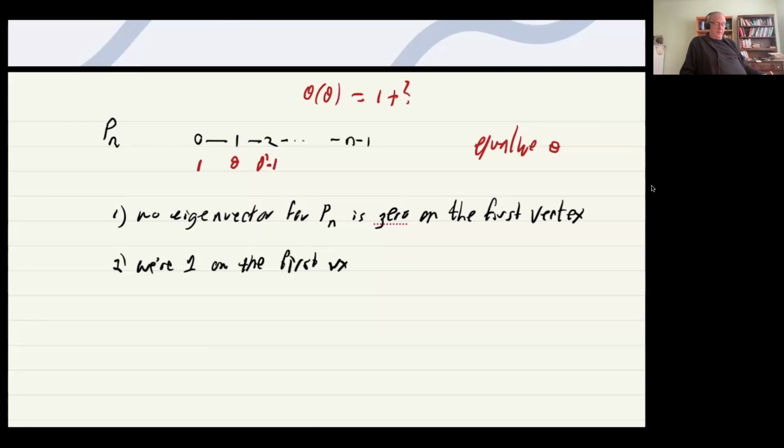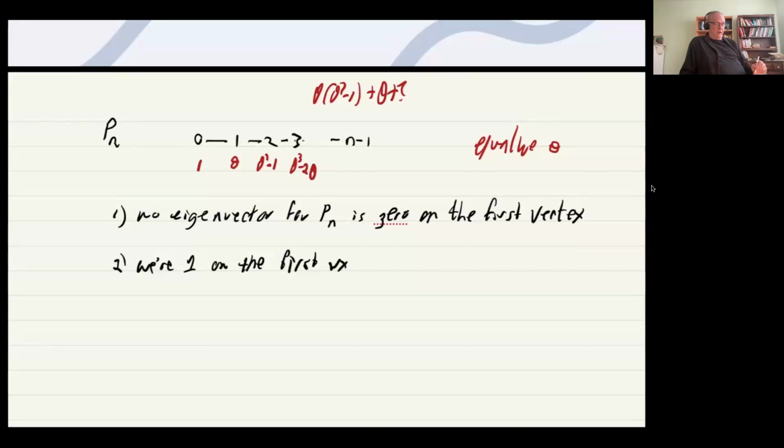I'll go one step further. Theta times theta squared minus 1 equals theta plus the next entry, so this is theta cubed minus 2 theta.